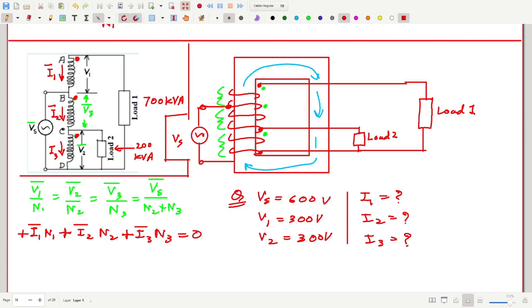First, this voltage is 600, V1 is 300, V2 is also 300 volt. So how much is V3? 300. Then how much is I1?